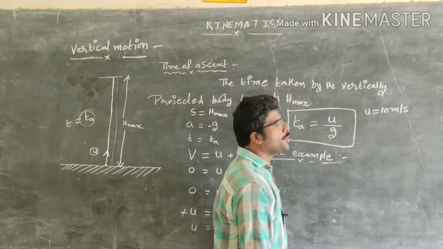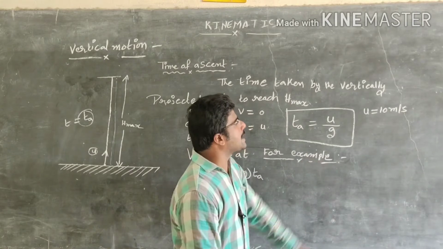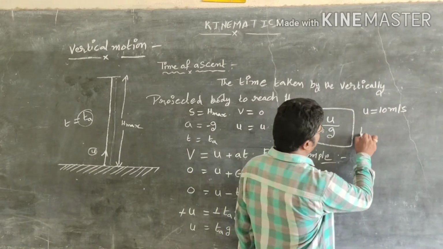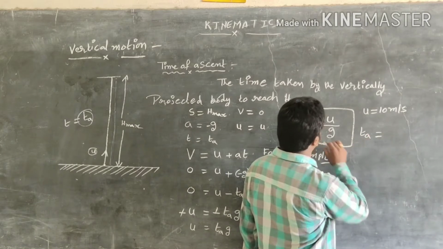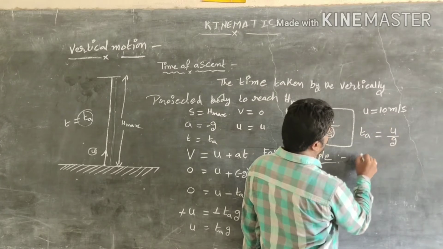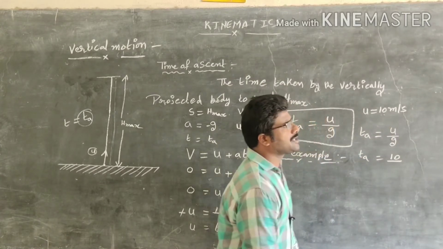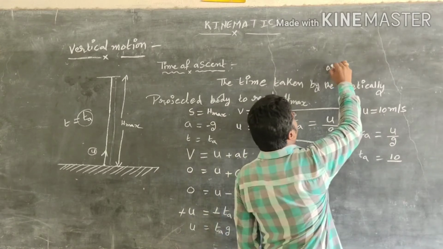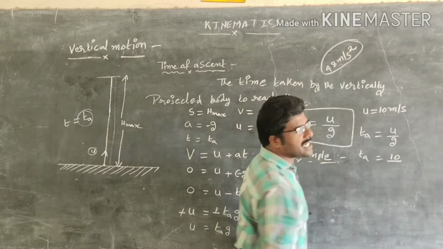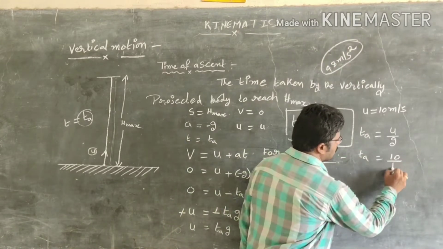So, simple formula: time of ascent Ta equals u by g. u is 10. g, actually its value is 9.8 meter per second square, but for our convenience and simplicity we are going to take it as 10.